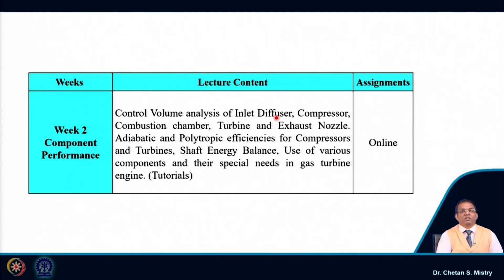For that we have discussed adiabatic and polytropic efficiency for the compressor and turbine. We discussed the work balance and energy balance. We discussed various components and their requirements in a gas turbine engine applicable to the aircraft.